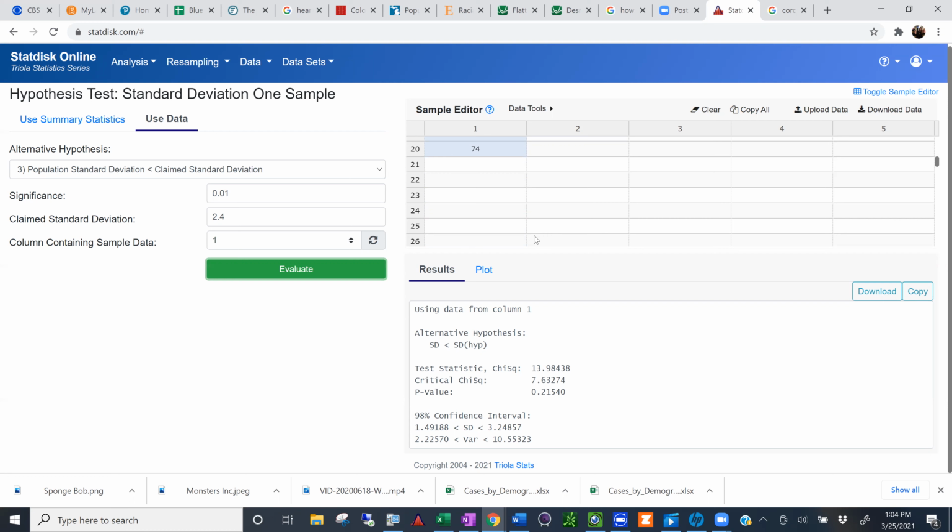Let me hear from other people. Are you getting a different chi-square value than me? No, I got 13.98. Are you using StatDisk online or did you download the program to your laptop? Yes, I use exactly the same StatDisk online. Well, I'm going to keep trying after the class.